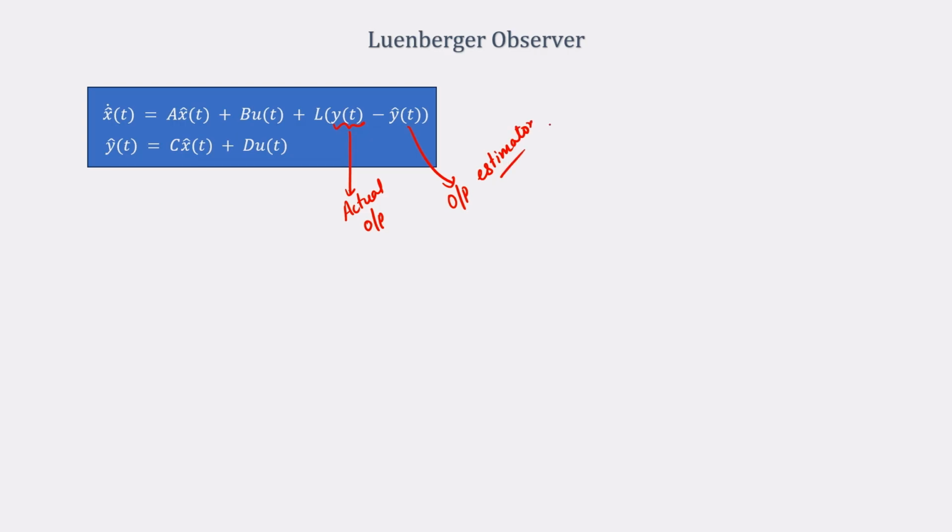What is an observer or an estimator? An observer in our case is a dynamical system that takes the input and output of the actual plant as input, and then using that information it tries to estimate the states of the system. In general, a system that will estimate the states for you is an observer.